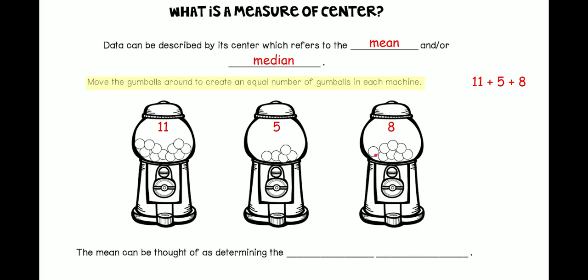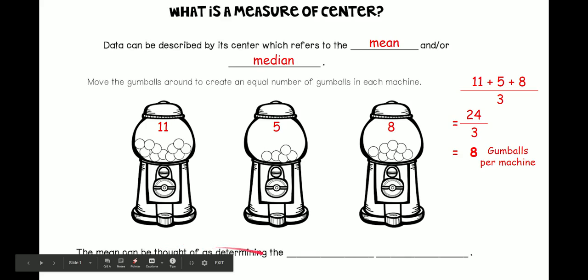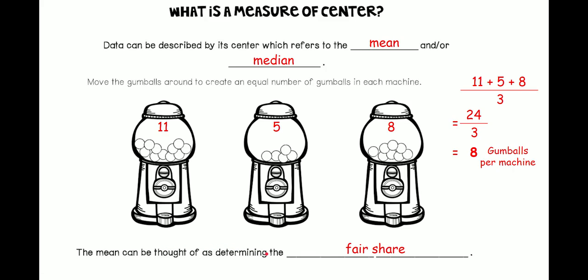You've got 3 machines, so you take that total number and divide it by 3. How many total gumballs do we have? Well, it's 11 plus 5 plus 8, which is 24. Then we divide it into your 3 gumball machines, which means that 8 gumballs should go in each machine. So you're going to take a couple out of here and move them into there. The mean can also be thought of as determining the fair share of gumballs in each machine.